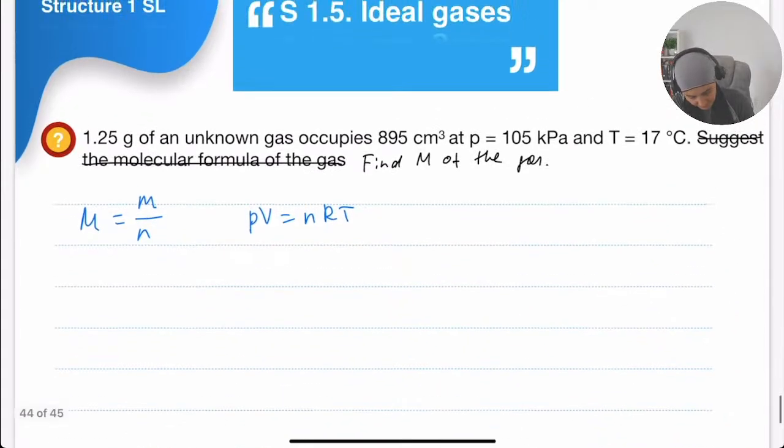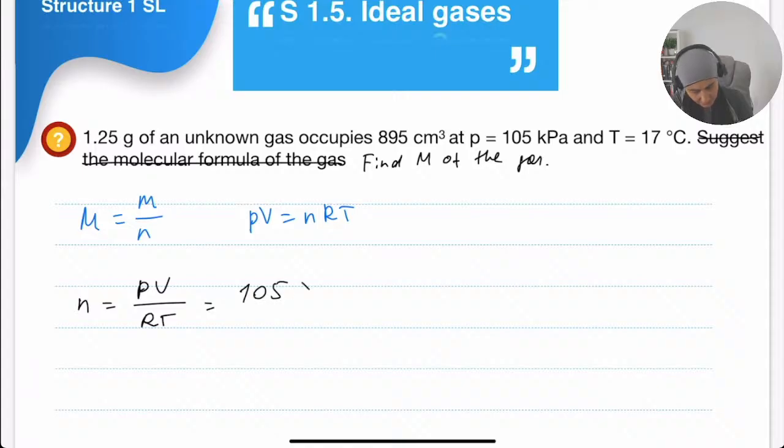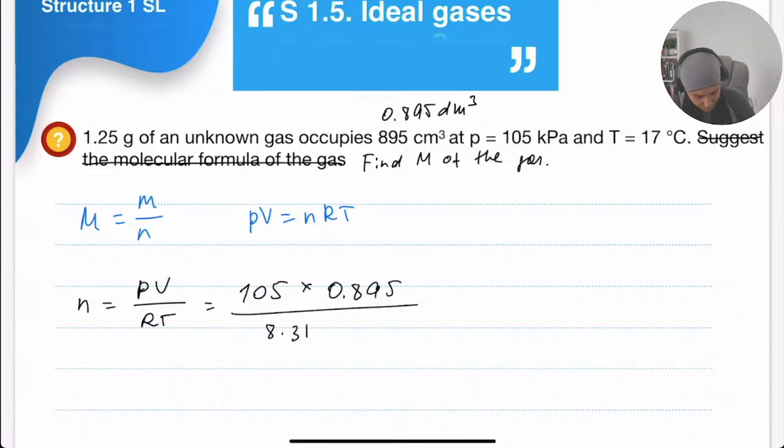Moles is PV divided by RT. So pressure, kilopascals, I would keep. Volume, since I used the pressure in kilopascals, I have to convert volume to cubic decimeters. So that is 0.895 dm³, divided by R, which is 8.31. Temperature 17 Celsius, so 17 plus 273 gives me 290 kelvins.